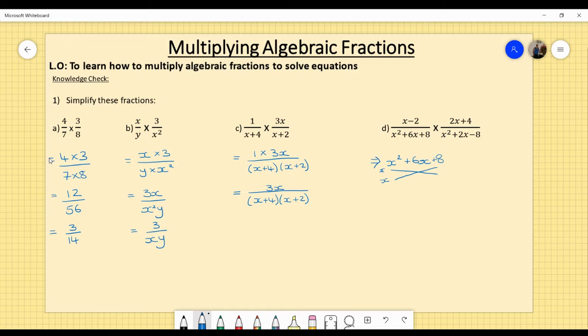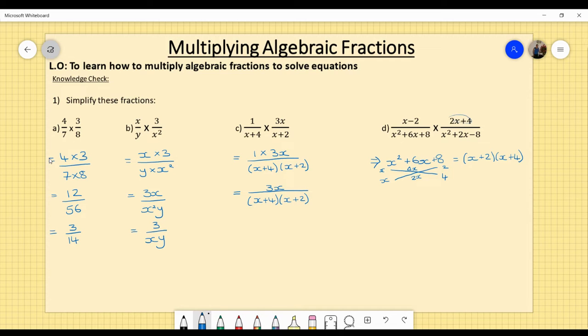X times x will make x squared. 2 times 4 will make 8. Cross multiply, I end up with x times 4 giving me 4x and x times 2 giving me 2x, which does give me 6x. So that one's the same as x plus 2 times by x plus 4. Remember, the top two go together and the bottom two go together.